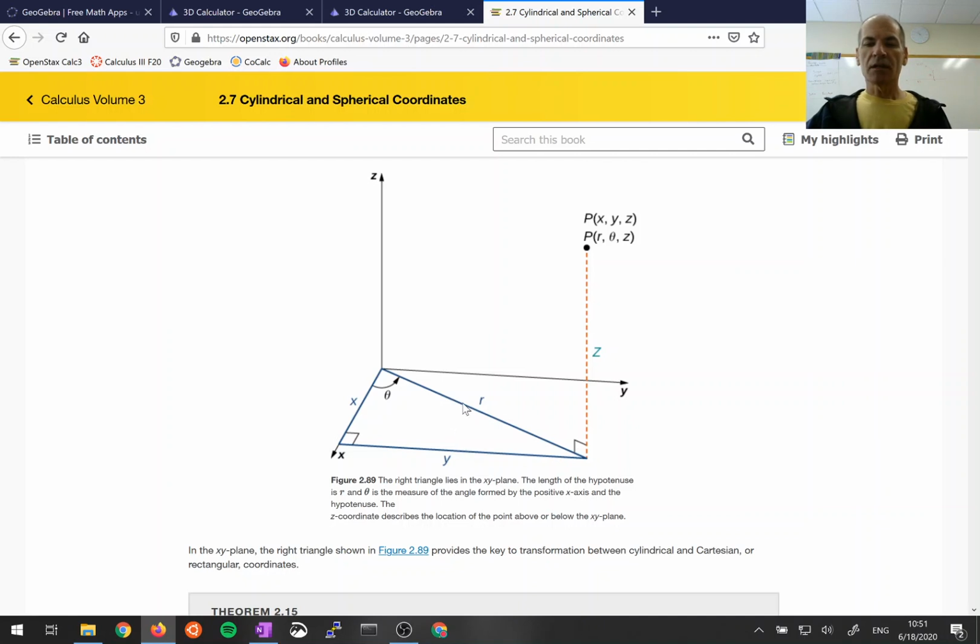And of course, r could be negative, so we could go back through the origin in this direction. So we're talking about all the points above and below this line through the origin that makes an angle of pi over 4 in the xy plane. That's a plane, right? It's a plane that is diagonal to both the yz plane and the xz plane, but parallel to them.